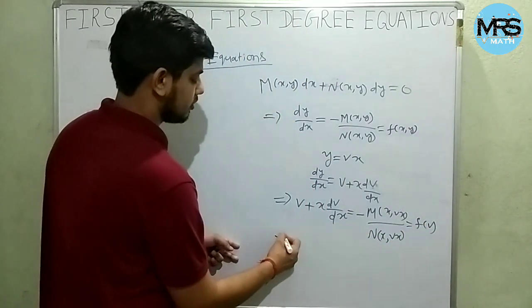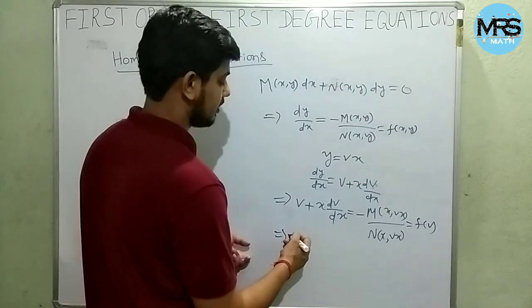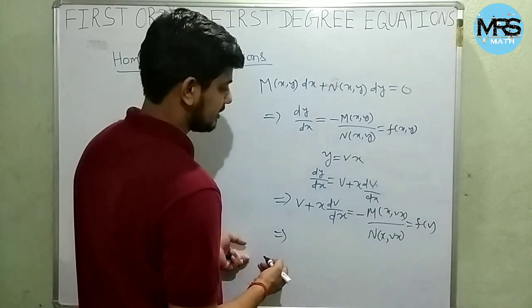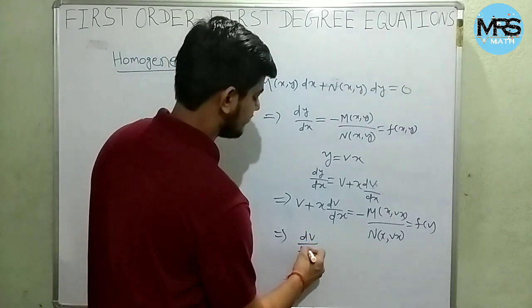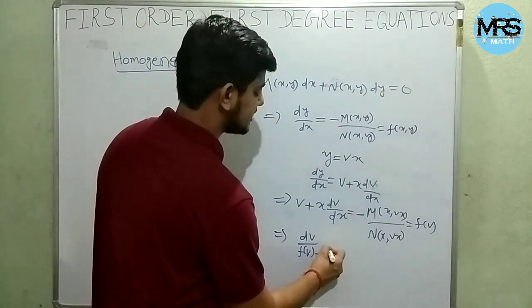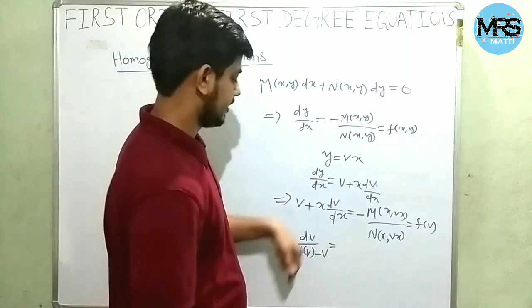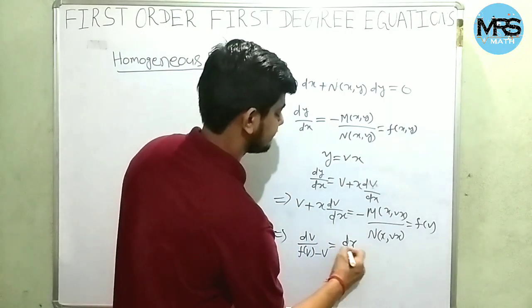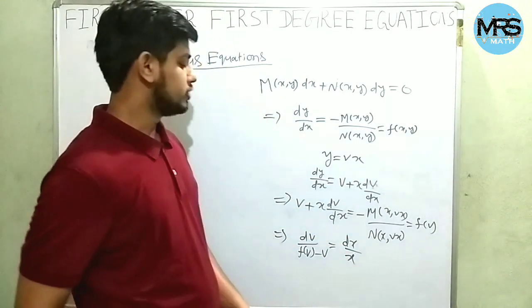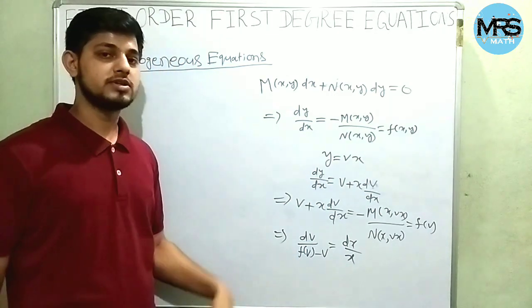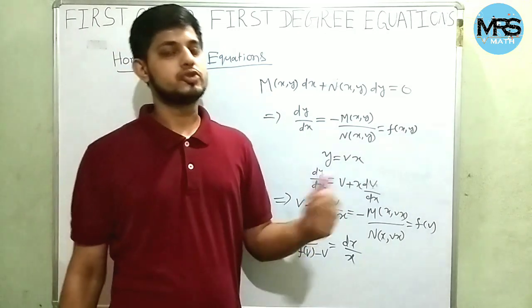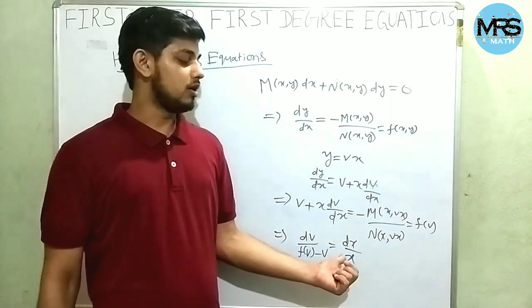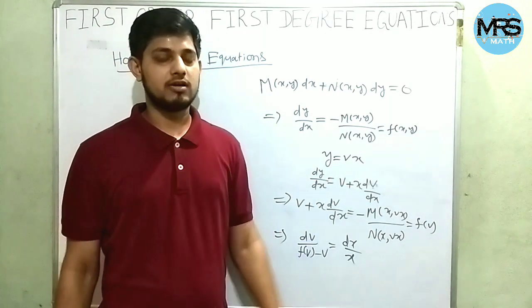So by separating these variables, what you will get, dv by (f of v minus v) equal to dx by x, correct? So now we separated the variables. Now we can solve by using the separable variable methods, correct? So this one we will understand by taking one example.